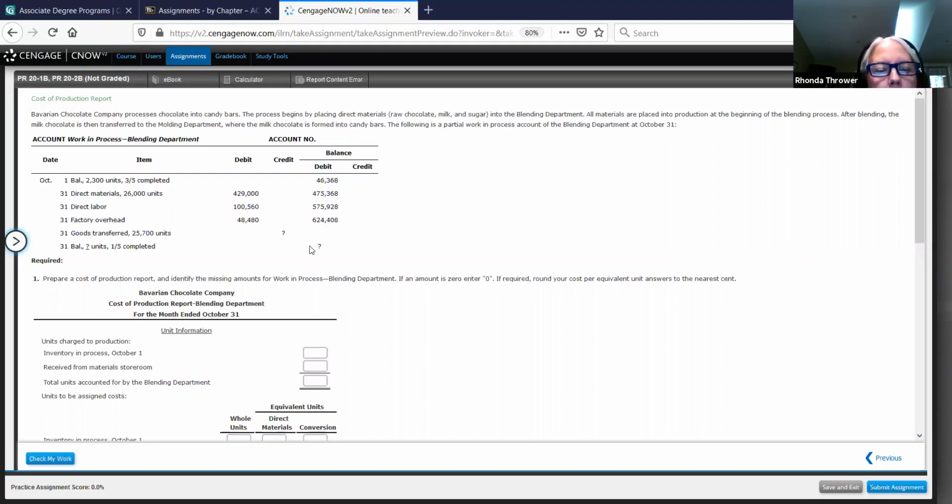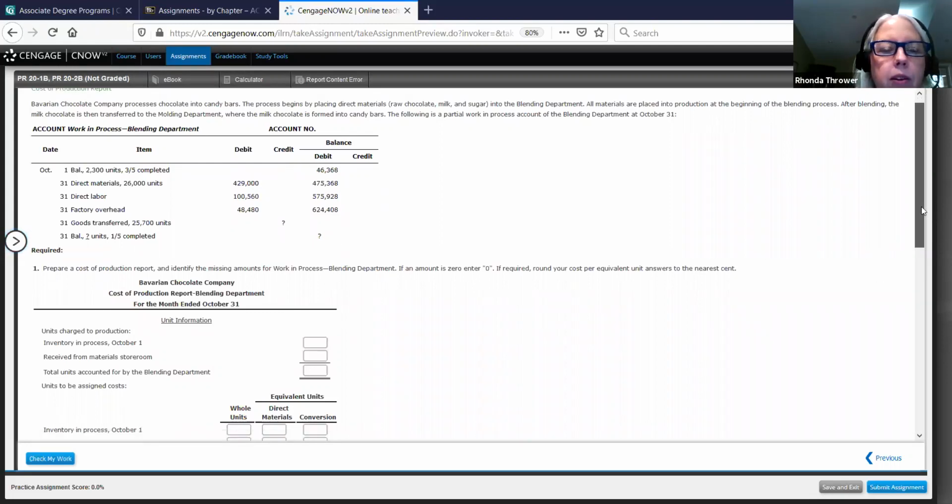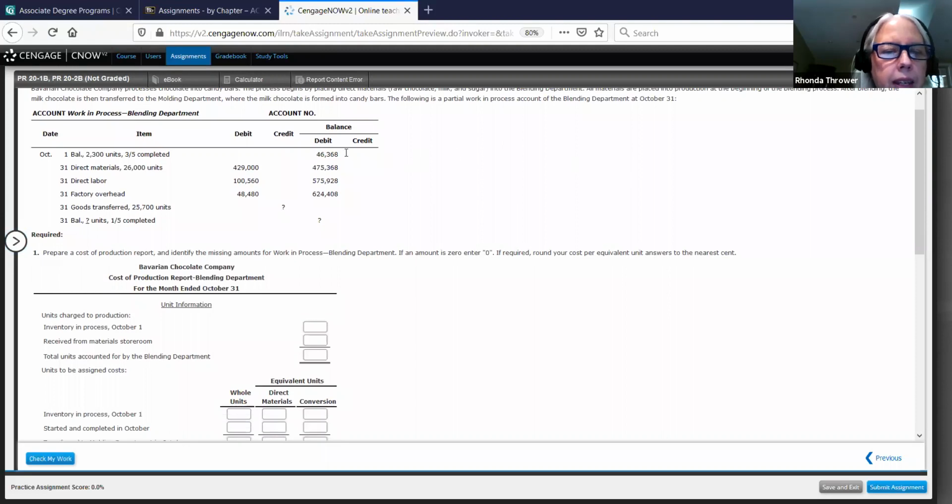So we'll end up knowing the cost of the ending inventory as well as the units that are left in ending inventory. But what they did tell us about ending inventory is that it was 1/5 completed this month.